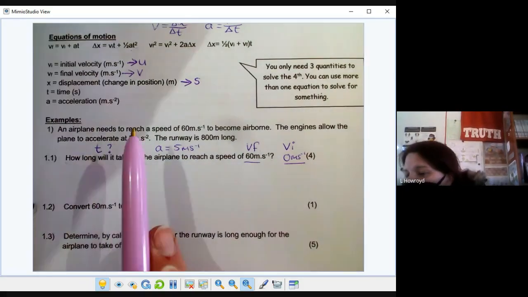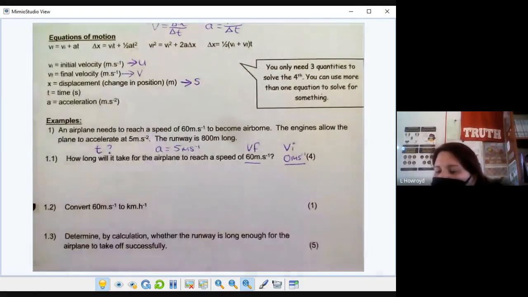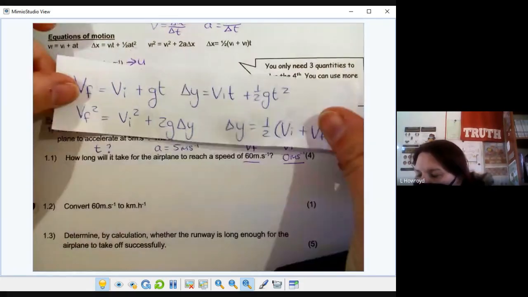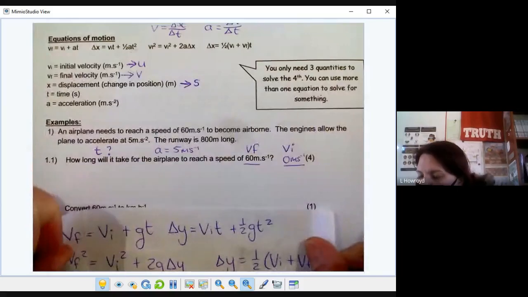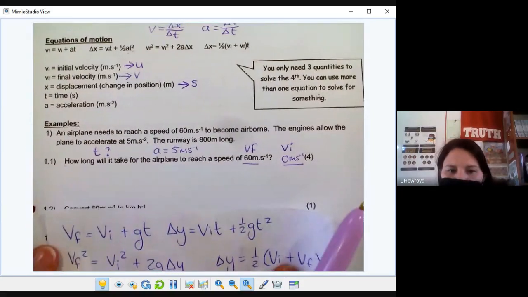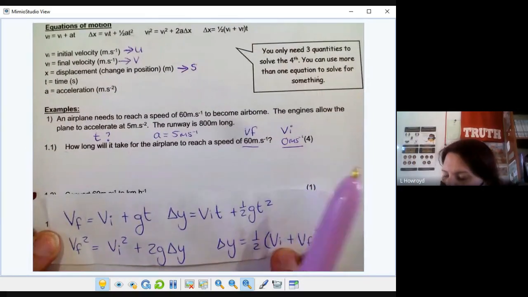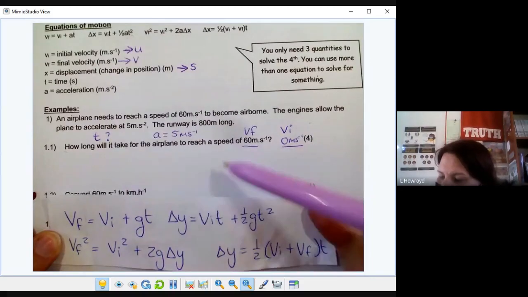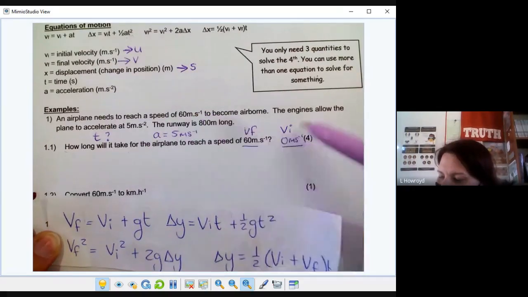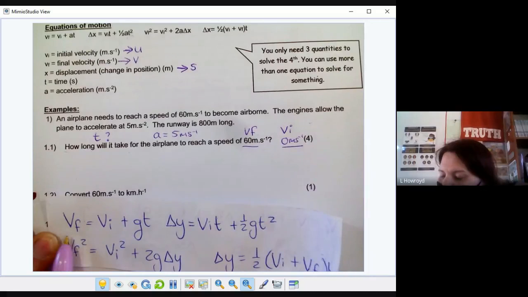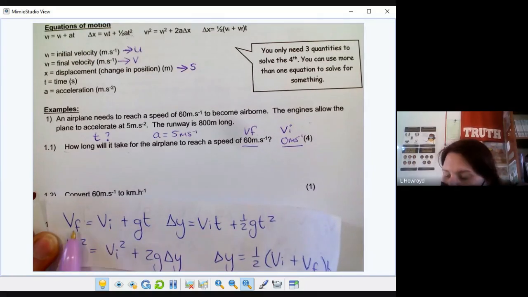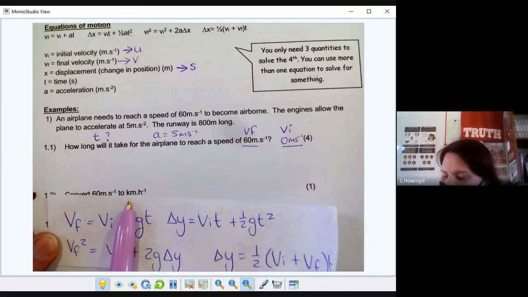So what I do now, I always carry my equations around with me because I never remember them. Okay, so let's take a look. Which one do you think would be the good one? We want something with a T and a VF and a VI. I'm heading towards this one. We have a VF, yes. We have a VI, yes.